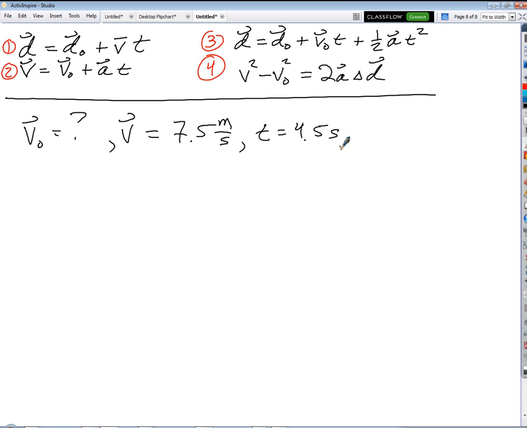It travels a distance of 19 meters starting at 0. Okay, so we'll say d naught is 0 and d final is 19. Another way would just be displacement is 19. That would include both, right?